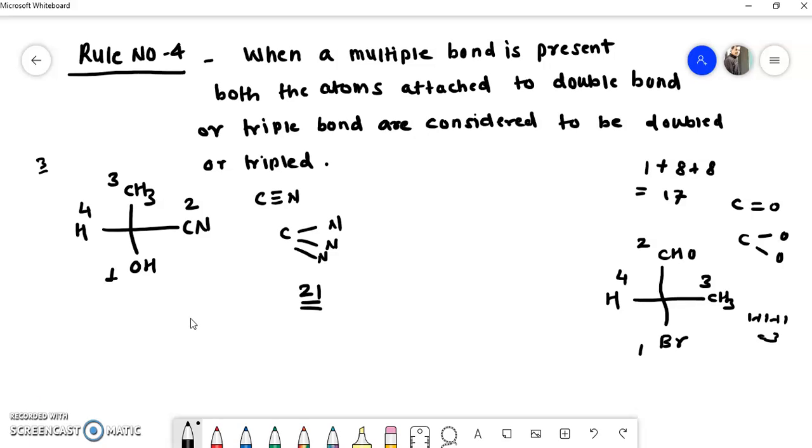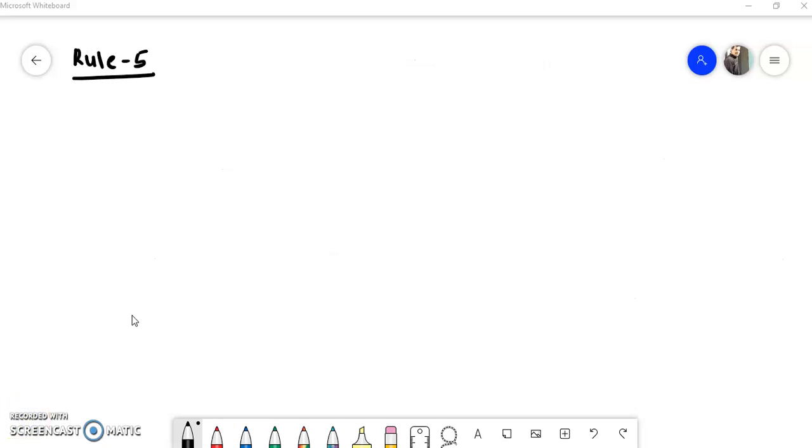So we'll move further. Now consider an example, and we have to use whatever rules we have seen earlier. I will take one example, CH3, Br, and suppose here is the OH. Now we will give the RS nomenclature to this compound.